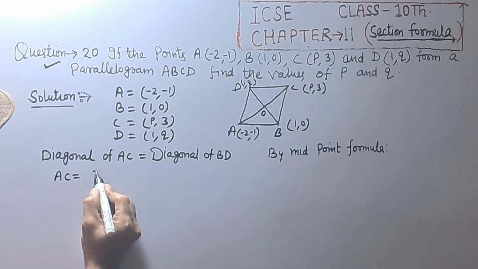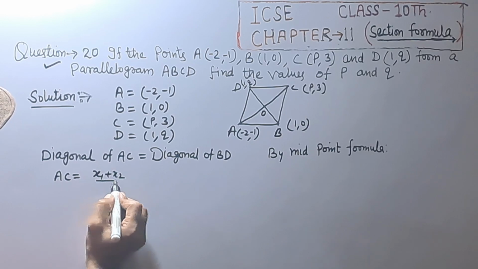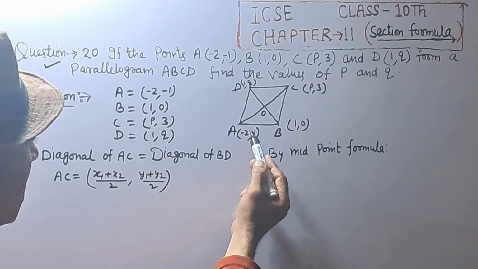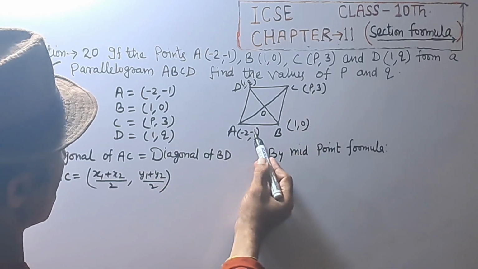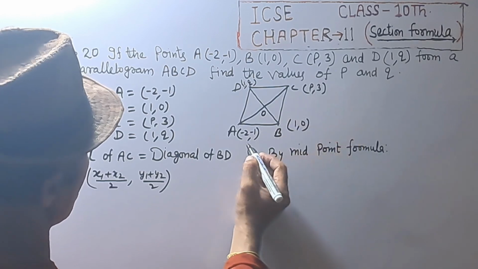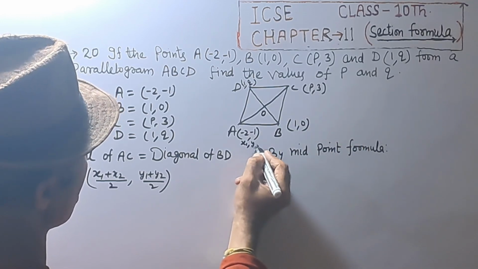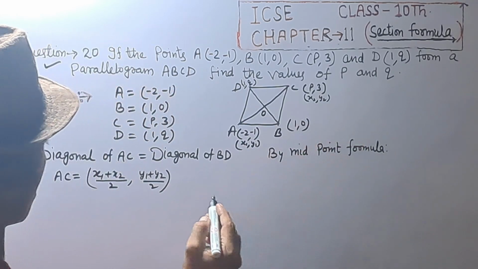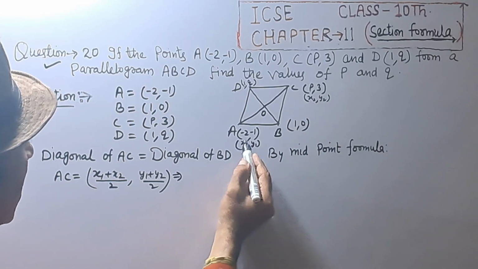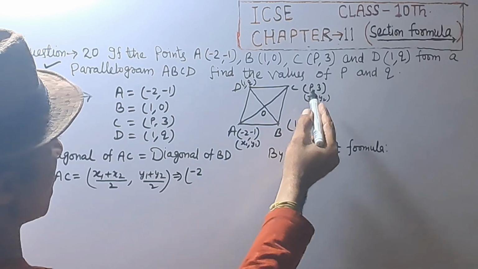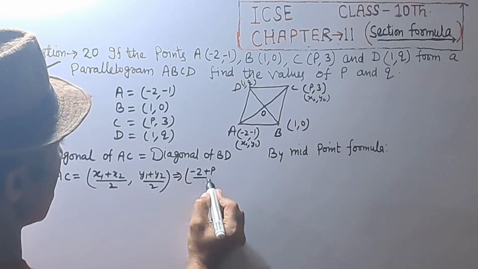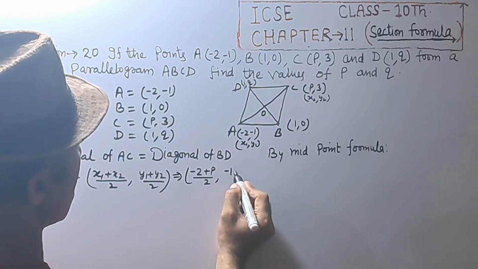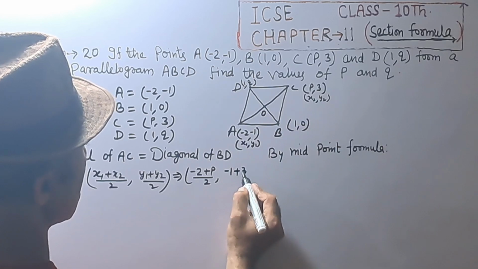The midpoint of AC is ((x1 plus x2) upon 2, (y1 plus y2) upon 2), where x1, y1 and x2, y2 are the endpoints. Here x1 is -2 and x2 is p, divided by 2, and y1 is -1 and y2 is 3, divided by 2.